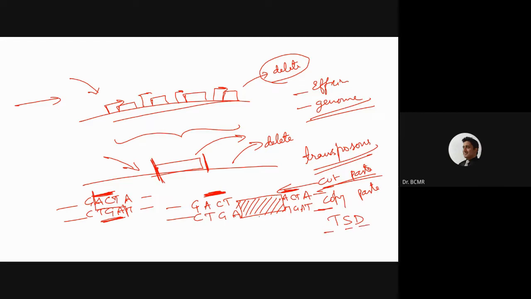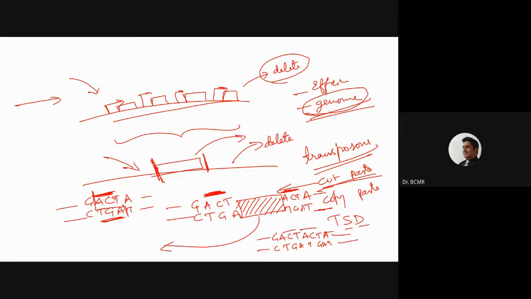When this transposon moves away out of the target, what is left behind? A footprint of the transposon that it was at that location, like this: ACT, ACT. Is it the same genome? No, the genome is not the same. So how can we use that?